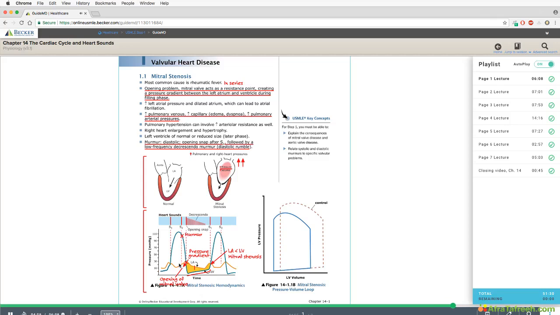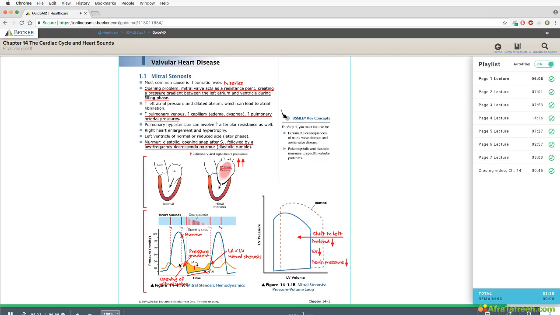First of all, it is shifted to the left. Now, we mentioned if the loop is shifted to the right, the heart has enlarged. If it shifts to the left, it's a smaller heart. So with mitral stenosis, you expect a shift to the left. Now, because you have difficulty getting blood into the ventricle, preload goes down, and therefore stroke volume goes down, and peak pressure goes down.